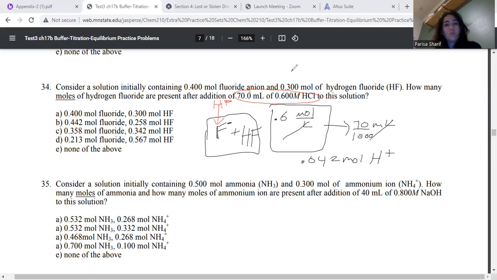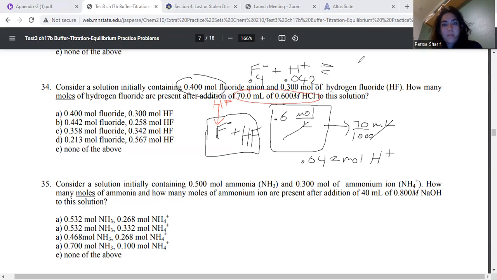So how many moles of fluoride do we have? We have 0.4. So we have more than enough to combat the effects of this acid being added. And that's the point. We have not reached our equivalence point yet because we have 0.4 of this, and it's going to react with the H plus, which is 0.042 is the amount of it.